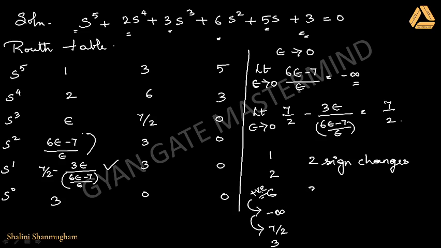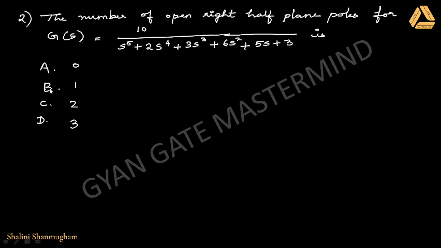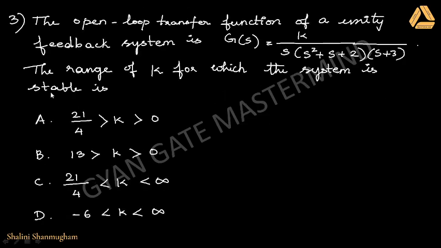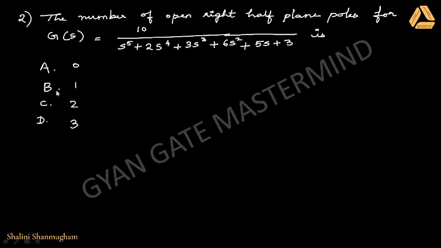So hence it is concluded that there are two roots of the characteristic equation on the right half of the S plane. So the answer is C.